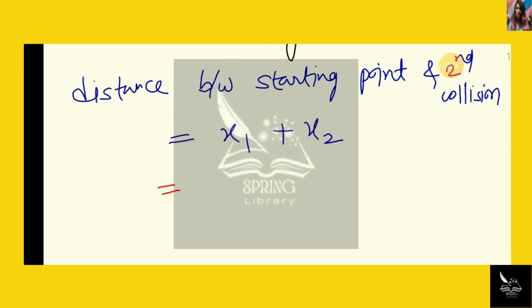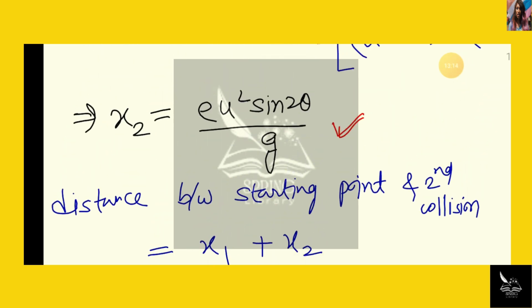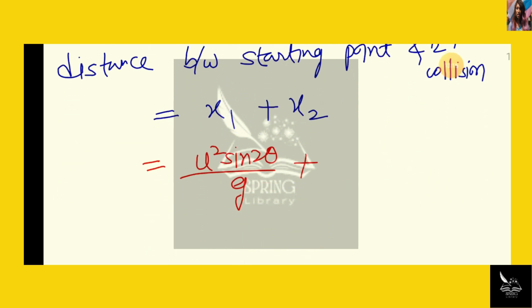So put the formula here: u square sin 2 theta divided by g, where u is the initial speed and theta is the angle of projection, plus now put the value of x2 which I got in the above step, that is e u square sin 2 theta divided by g.